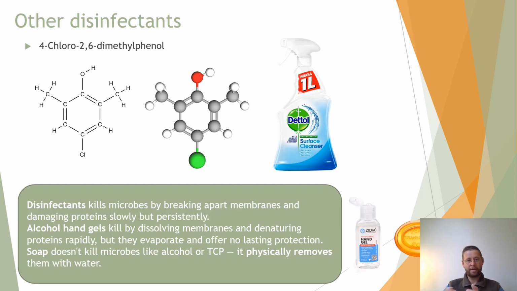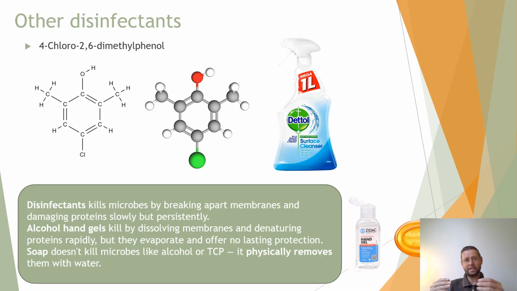But what about soap? Well, soap is a long chain hydrocarbon connected to a carboxylate, and it works in a very similar way. One side, the carboxylate head, is hydrophilic and likes the water, while the long tail is hydrophobic and hates the water.